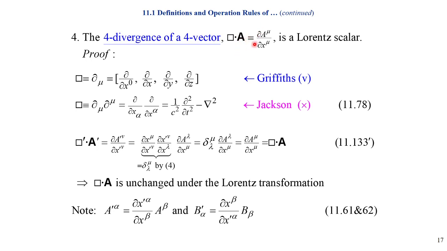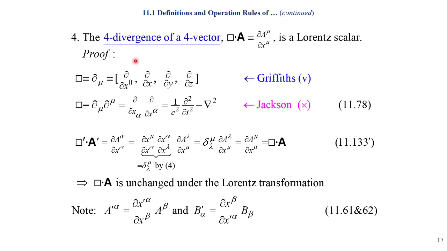So we can define it as partial mu A mu, which is a Lorentz scalar. Once again, if this is a Lorentz scalar or Lorentz invariant, it will be independent of Lorentz frame.